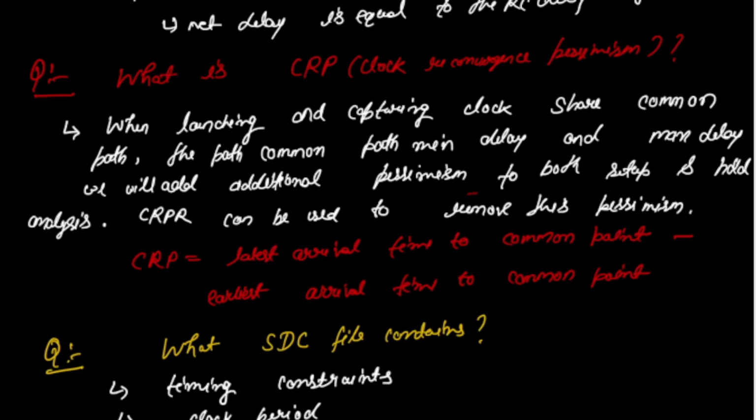The path common, min delay and max delay, we will add additional pessimism to both setup and hold analysis. CRPR can be used to remove this pessimism: latest arrival to common path minus earliest arrival time to common path.